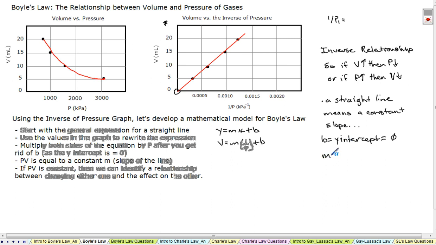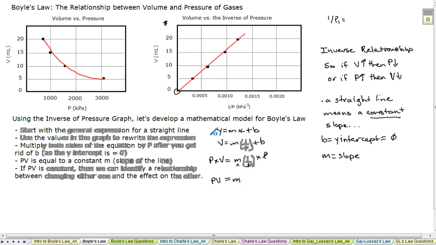And our m is our slope, which is constant. So we get y equals m times 1 over P. Now we want to get m by itself, so we multiply both sides by P. By doing that, we cancel out the 1 over P, and we get PV, so P times V equals m.